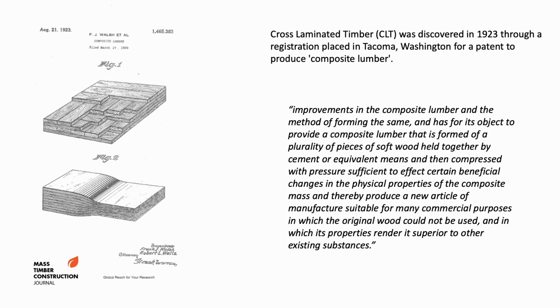But the earliest patent we've got is 1923 for this product called composite laminated timber or composite lumber, and it essentially is cross-laminated timber using smaller board pieces and compression systems to try and improve a composite of timber to make it have a higher capacity for two-way action, so that's the transverse and the longitudinal lamellas, and that then gives it its dimensional properties which are greater than a single board can give in say one orientation.